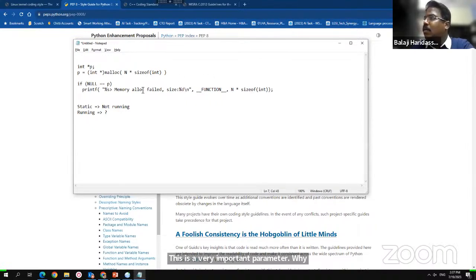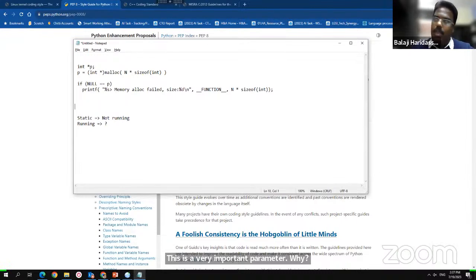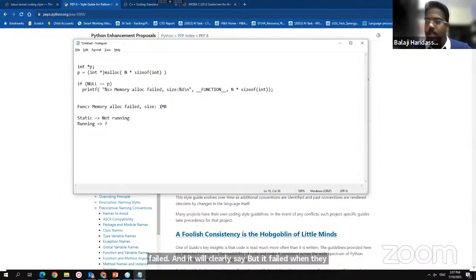This will clearly give me the function, memalloc failed, and it will clearly say that it failed when they tried to allocate 1 MB, or let's say 10 MB. So it makes a lot of sense. Oh, they tried to allocate 10 MB, that's why it failed.